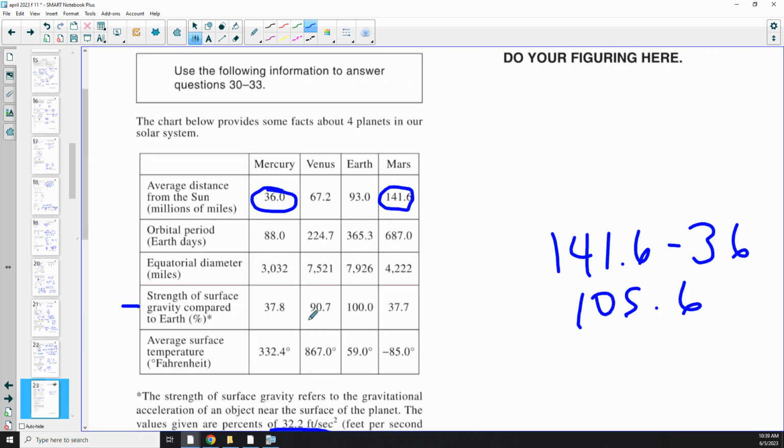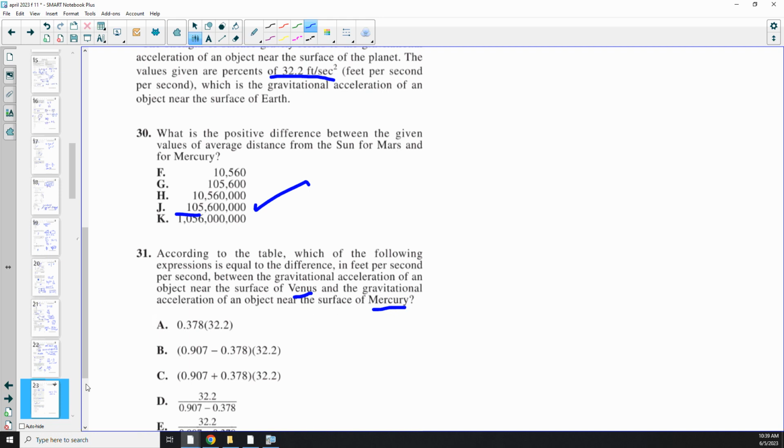Venus is 90% of Earth, and that would be those two subtracted. So it would be choice B. There's the two subtracted times the percent. It's the percent of what it is on Earth. Ugh.